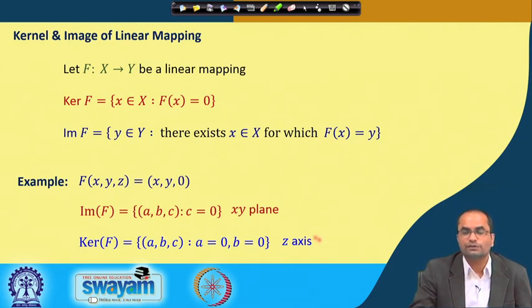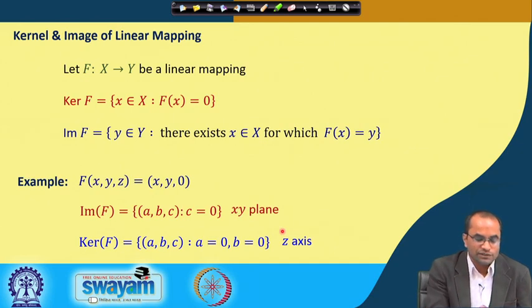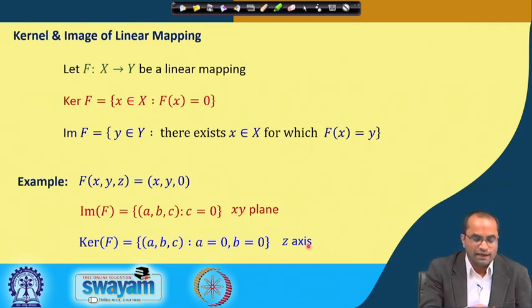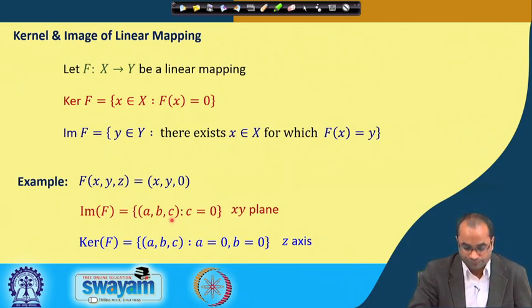That is natural, because when we take the projection of the z axis, that is nothing but the origin, the 0 element in R 3. So, here the image is the x y plane, and the kernel of f is nothing but the z axis, because the whole z axis maps to the origin, and the image means all the points in the x y plane of this mapping.